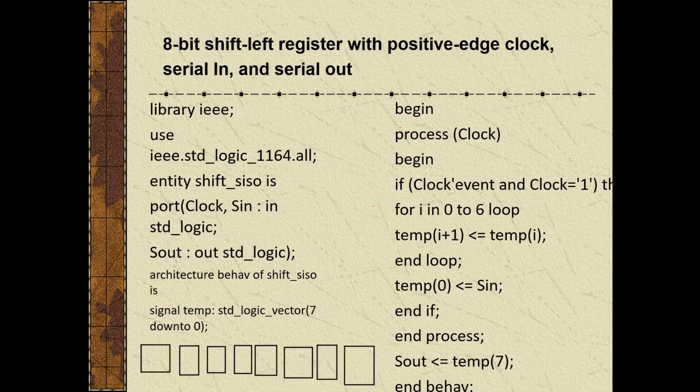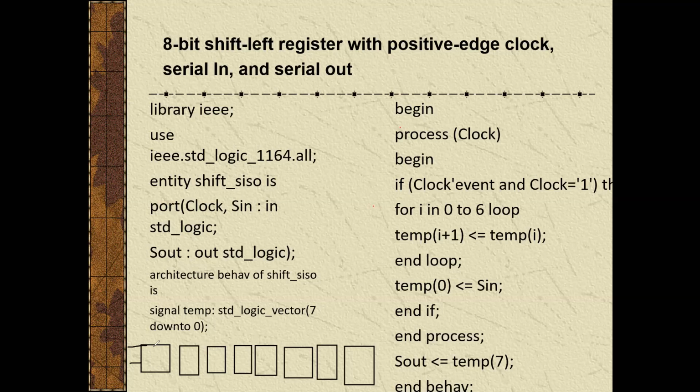So in total there are 8 registers, and here the D input is given and the clock is also given, and the output of each will be the input of the next register. This is the clock.